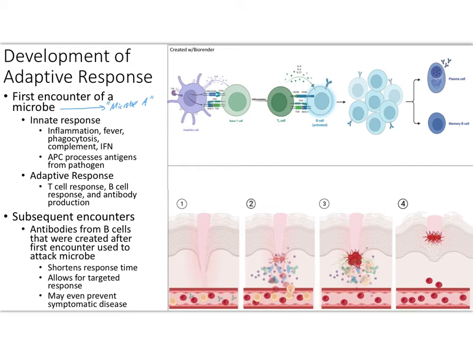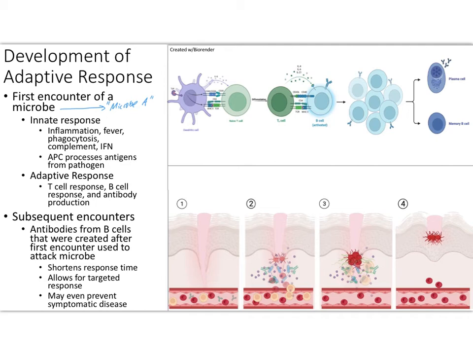So these antibodies are going to be geared towards specifically attaching to the antigens on microbe A. Remember when we talked about antibodies and that variable region, the antigen binding site? Those antibodies produced by this plasma cell are going to fit that antigen found on that microbe exactly, because that's what they were designed to do, basically.